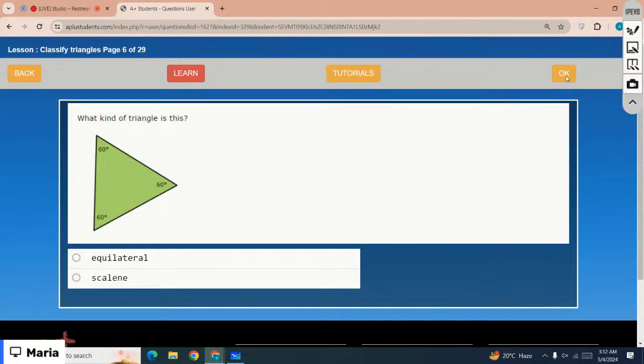That is the equilateral triangle because all the angles are exactly equal in measurement. Equilateral triangle, it is right.